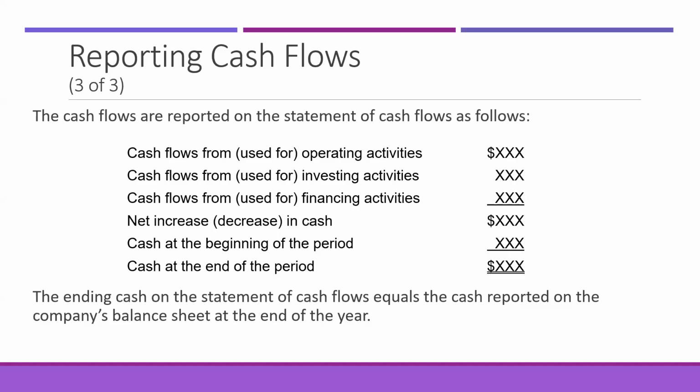And there's so many details in these problems and they're so big, there's a lot to miss. Let's put it that way, right? And so that is the best way to check your work: add up all the cash flows and make sure that net increase and decrease in cash ties to the balance sheet. But the cash at the beginning and end of the period will show up on the statement of cash flows as well.